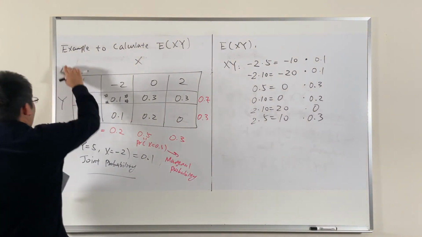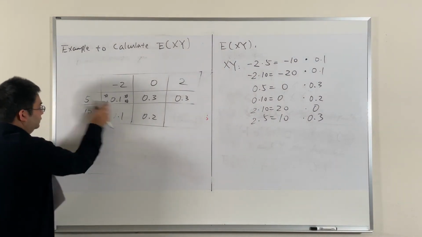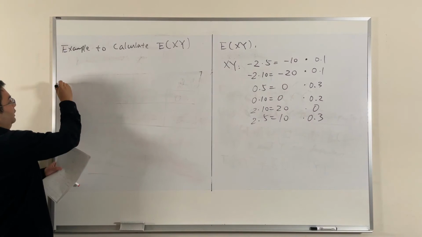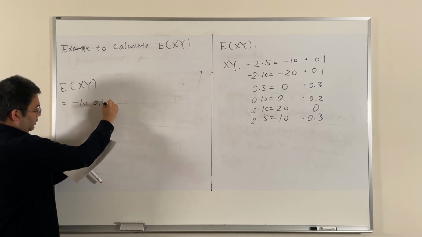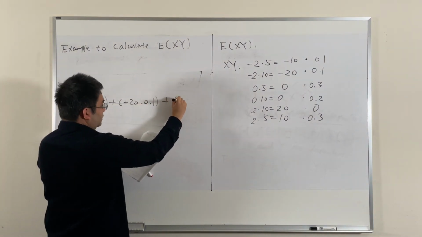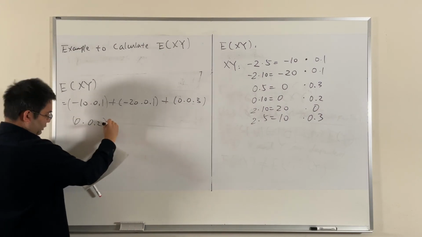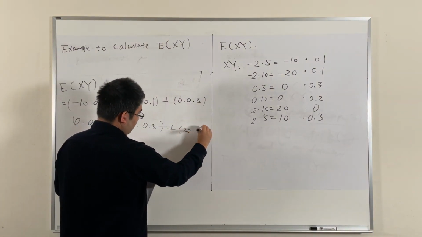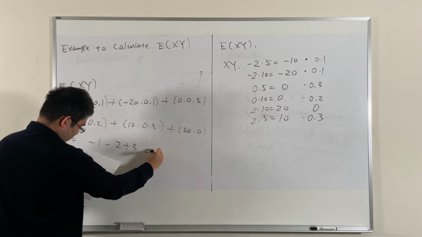So if we write it in terms of a formula, the expected value of x multiplied by y equals -10 times 0.1 plus -20 times 0.1 plus 0 times 0.3, plus 0 times 0.2, plus 10 times 0.3, plus 20 times 0, and that equals -1 minus 2 plus 3, which equals 0.